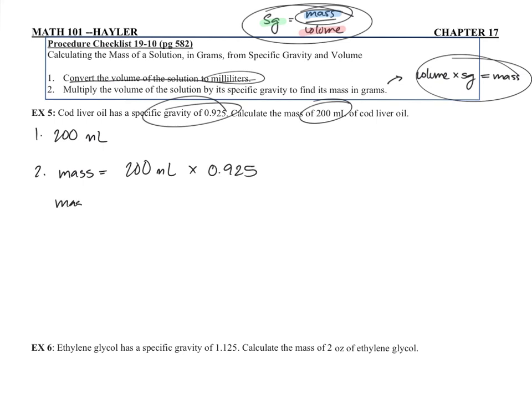So then mass equals 185. All right. So 200 milliliters of cod liver oil has a mass of 185.